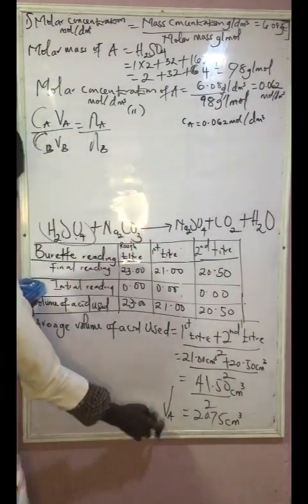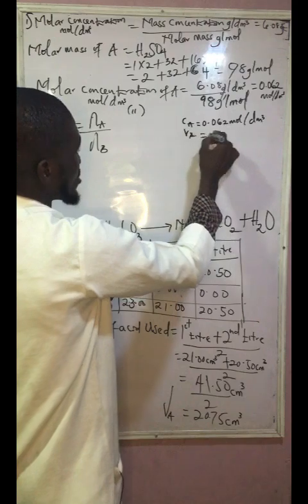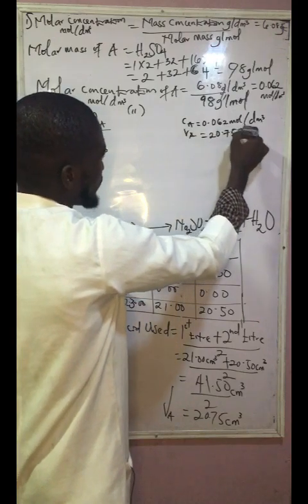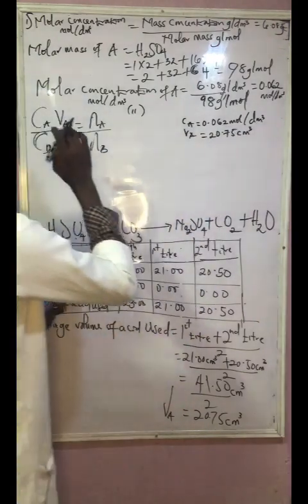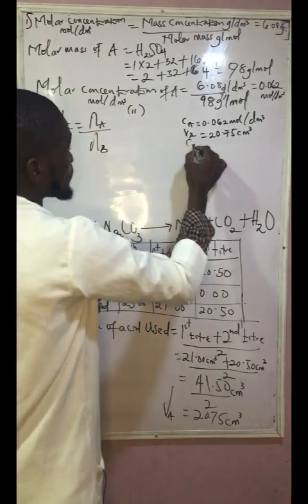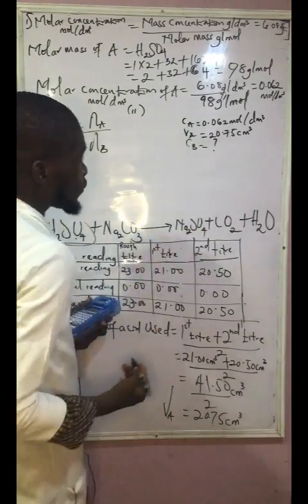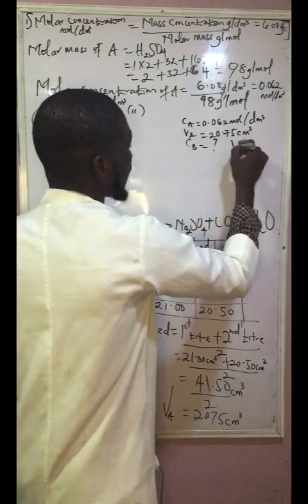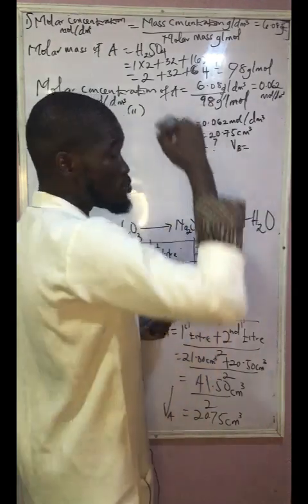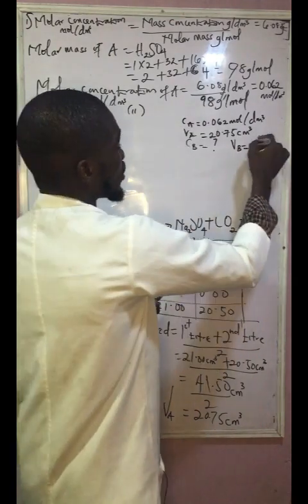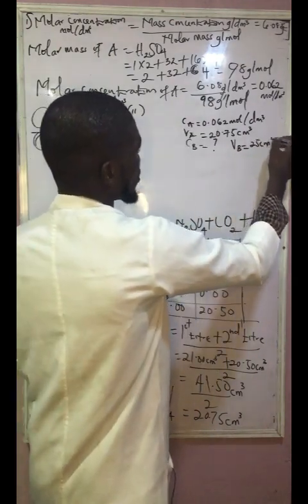Our VA is given already to be 20.75 cm cube. CB is what we are looking for, our unknown. Then VB, the volume of the base used, so I'm going with 25 cm cube.